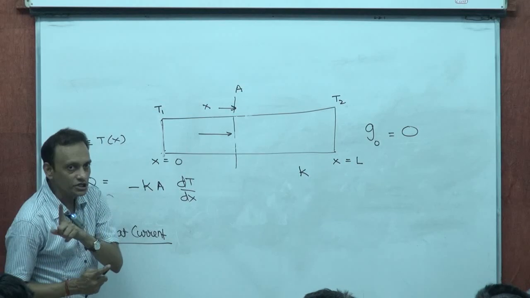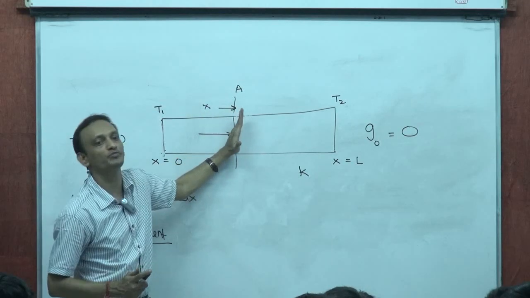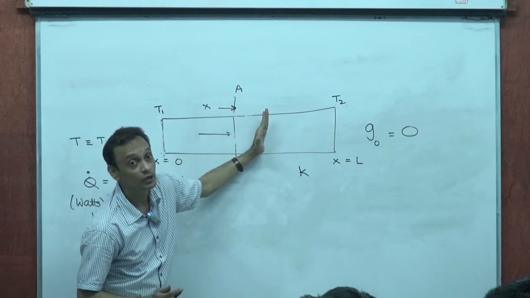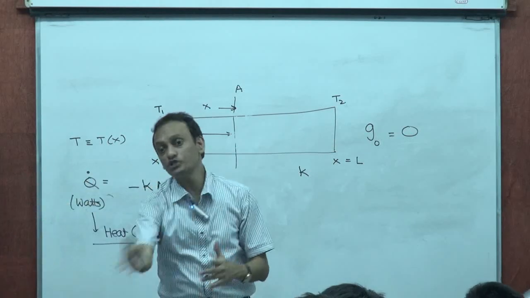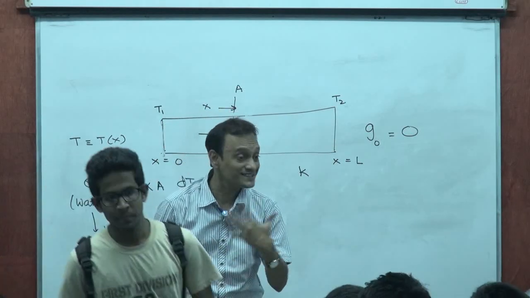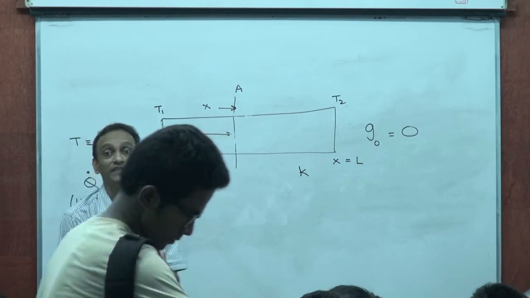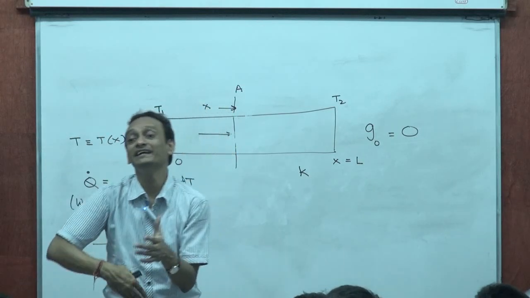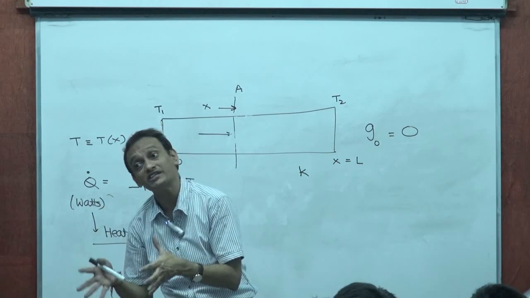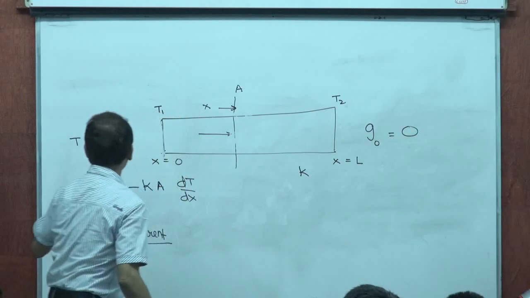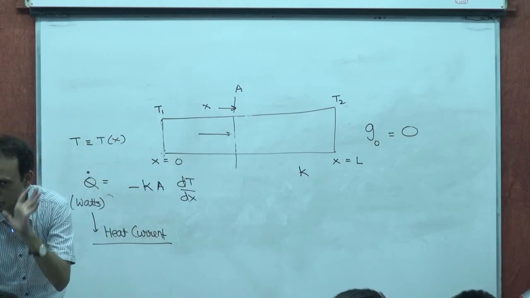Under steady state conditions, do you realize that the watts that enter a cross section would be the watts that leave the cross section? With any given cross section, the joules per second will be the same, because it's steady state conditions. If that was not the case, then the temperature of that cross section would be time dependent. So under steady state conditions, Q dot must be the same for any given cross section if G naught is 0.